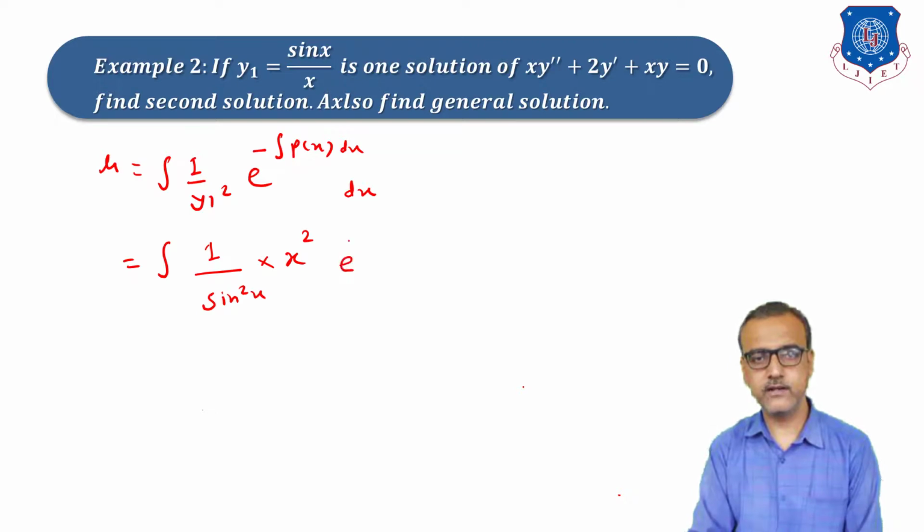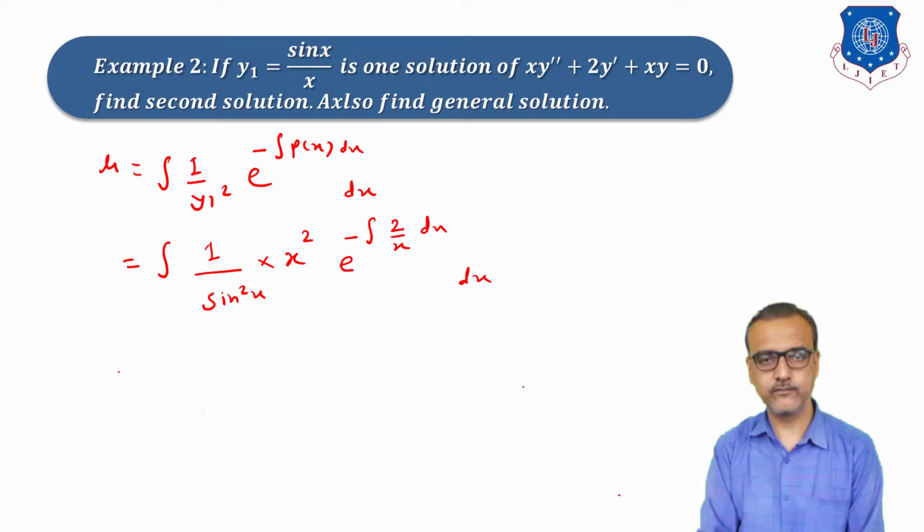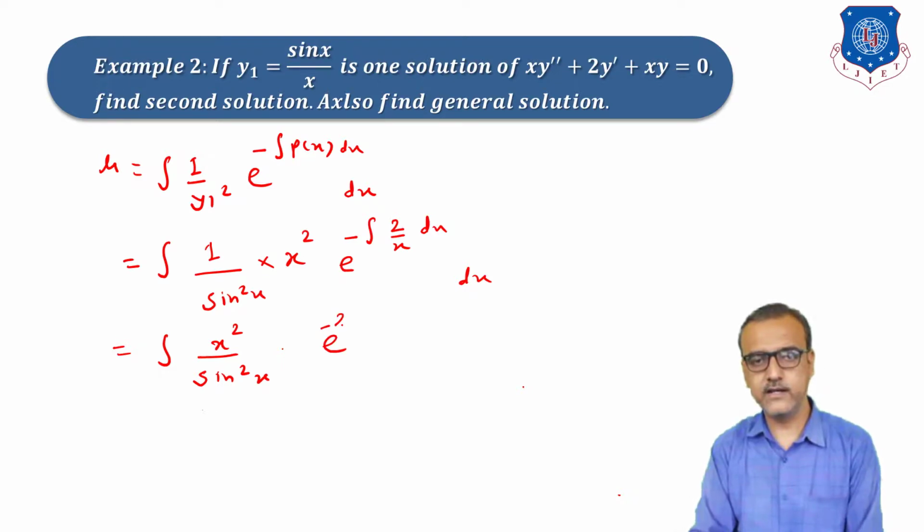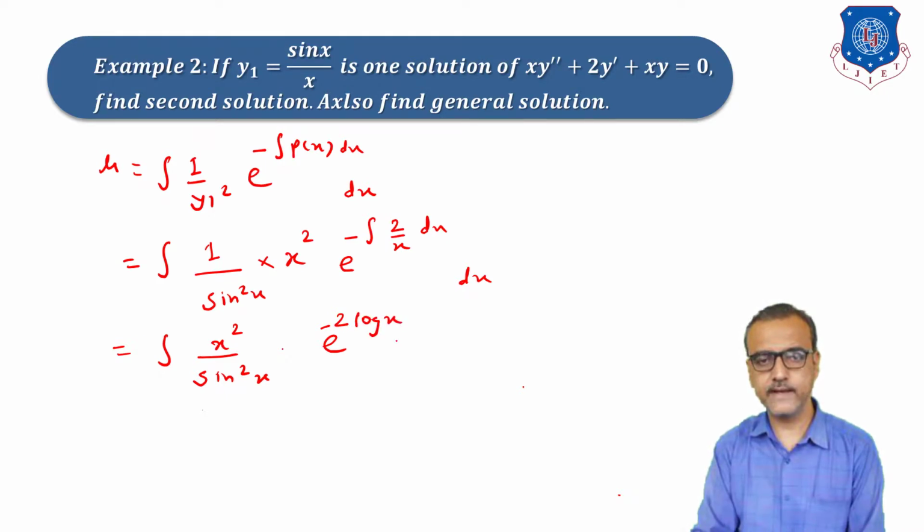Then after that, e raised to minus integration of p of x, that is 2 upon x dx, dx. Now we will find the integration of 2 by x. So this is equals to integration x square upon sin square x multiplied by e raised to minus 2, which will be as it is, and integration of 1 upon x, that is log x.